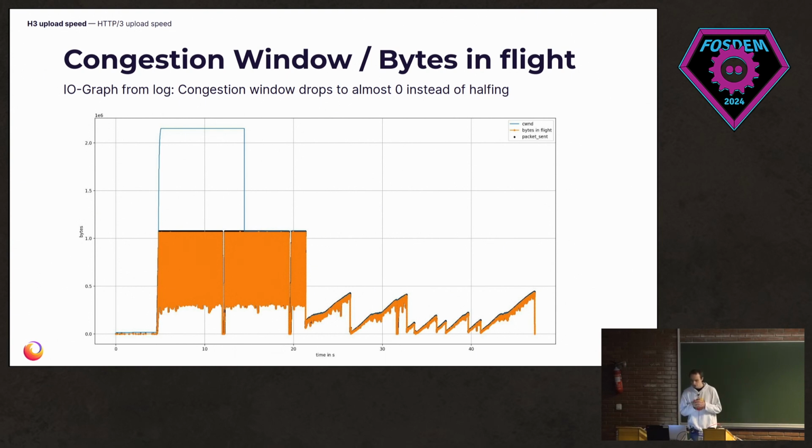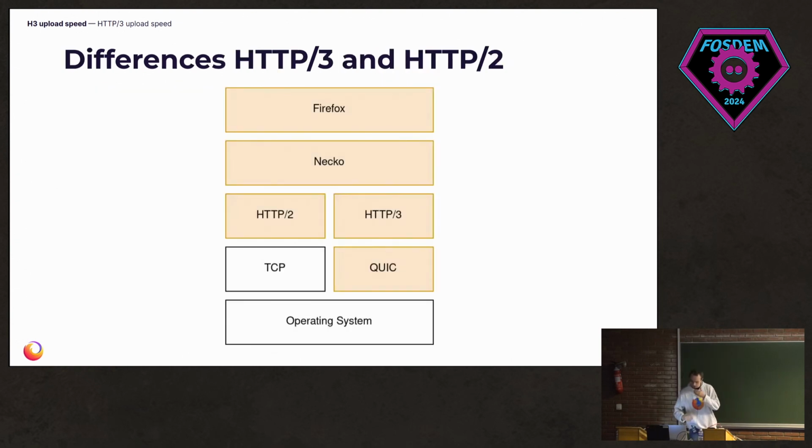This graph is our congestion window over time. What is the congestion window? Well, I would like to go over this.